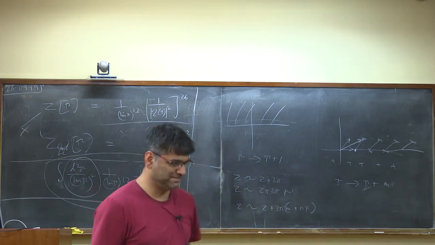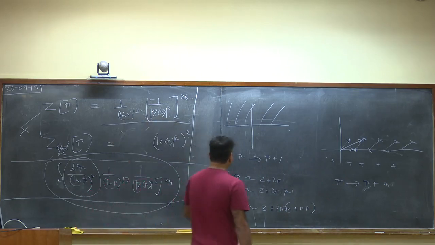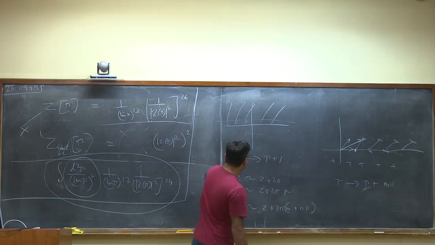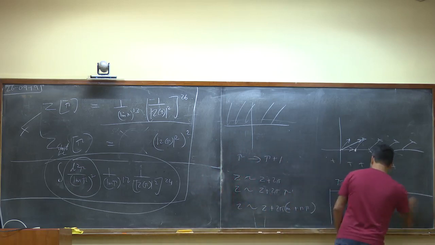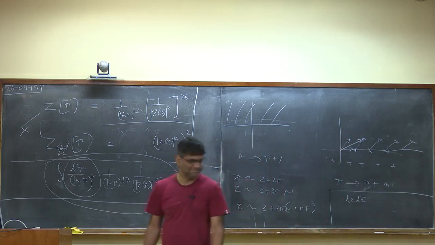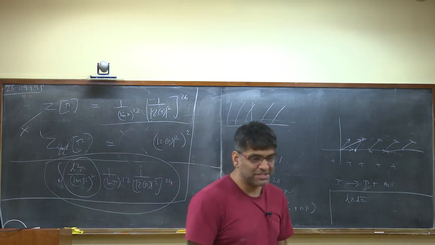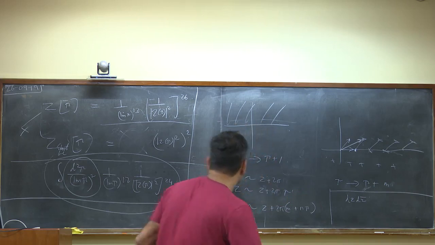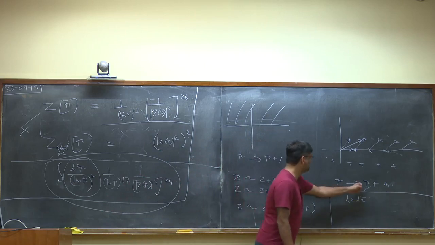But there is one more thing. Okay? In this space, our metric was dz dz bar. But suppose we do some sort of transformation such that the metric doesn't remain the same.